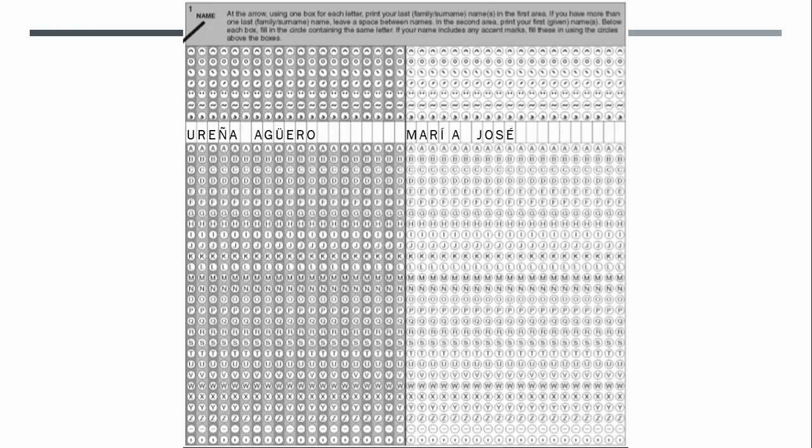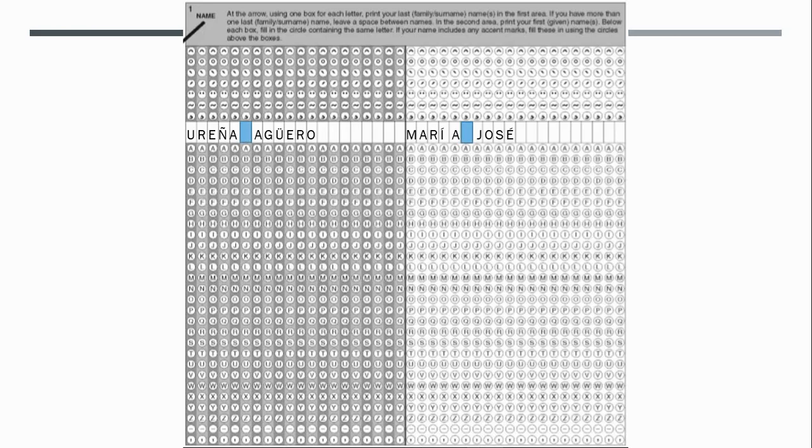So you have to write down with your pencil your last names. And on this other section, as you can see, there are two clearly separated sections. And on the right section, you have to write down your names. Now, something that you have to take into account is that between your last names and between your names, you have to leave a space.